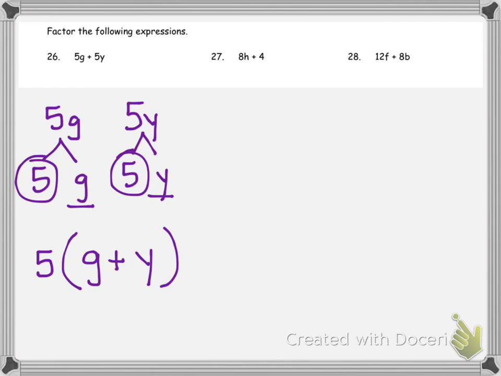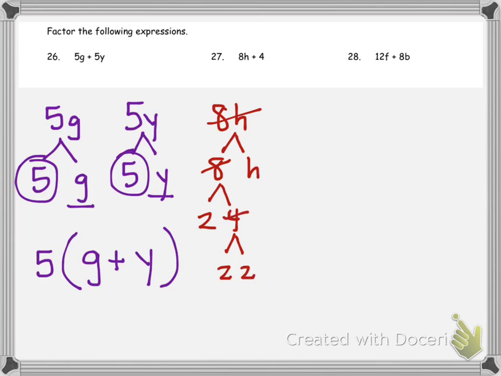Let's try number 27. I'm going to break down 8h into 8 times h, and then 8 I can split into 2 times 4, and then 4 I can split into 2 times 2. So there's my prime factorization of 8h, and then 4 is 2 times 2. So I see this 2 matches with that 2, and this 2 matches with this 2.